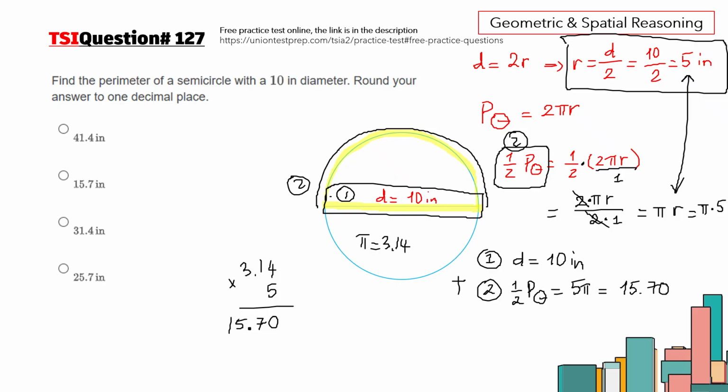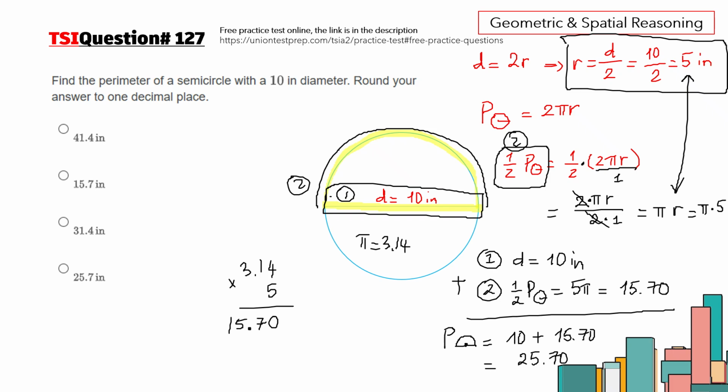Now we add them up, and then we have the answer for the perimeter of the semicircle. 10 plus 15.7 will be 25.7.